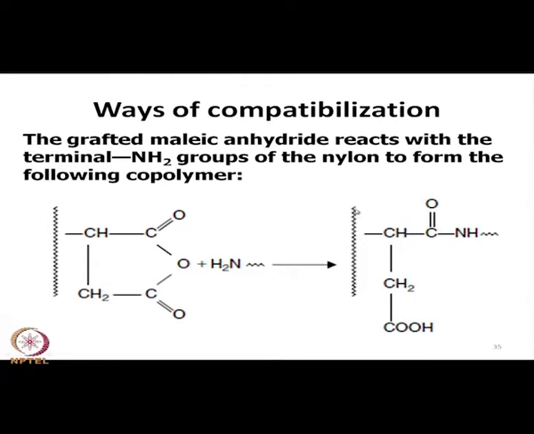So, this is the EPDM chain to which maleic anhydride was grafted, and this is the amine group of the nylon chain, and this side contains the residual part of the nylon molecule. Through such an amide linkage, which is a permanent covalent linkage, this system is compatibilized. So, nylon 6,6 becomes compatibilized with EPDM through such maleic anhydride grafting.